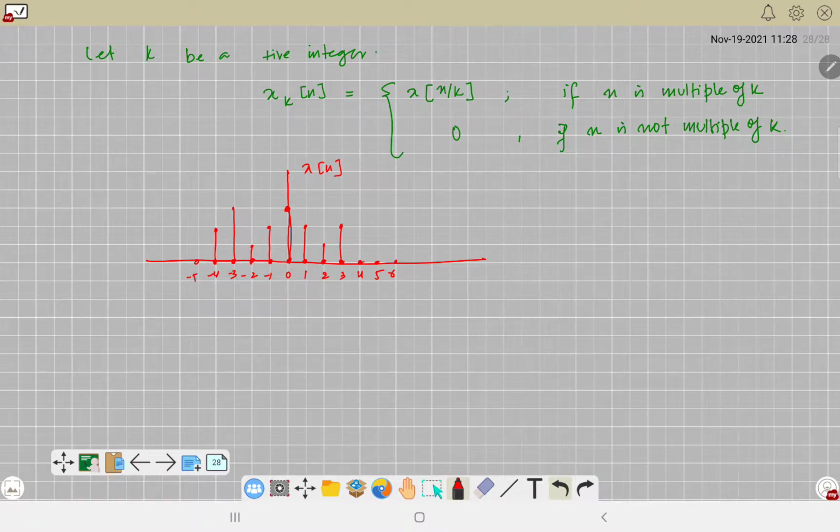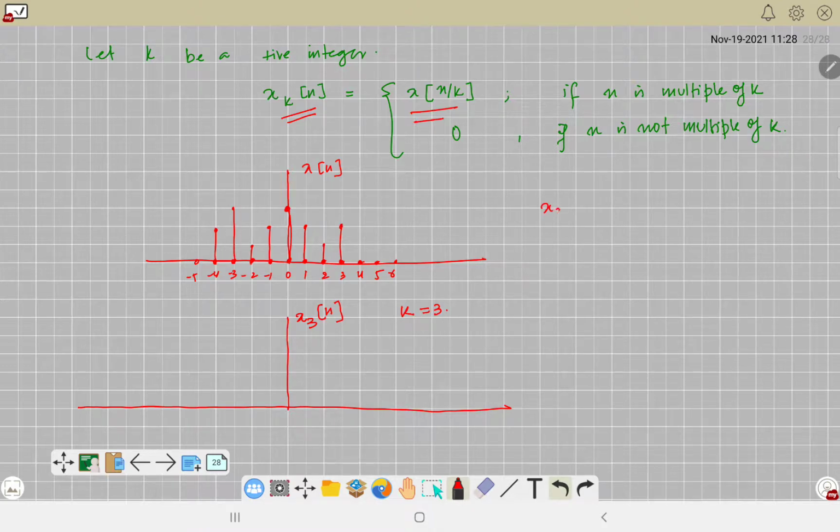Then I define another signal, my scaled signal. Say k has a value of 3, x of 3n, which means k has a value of 3. Now x of 3n will be equivalent to x of n by 3.